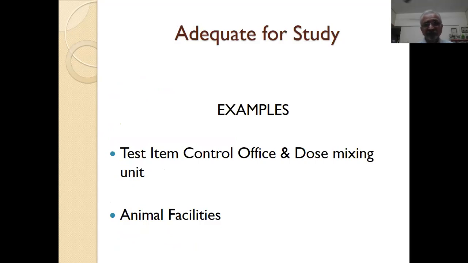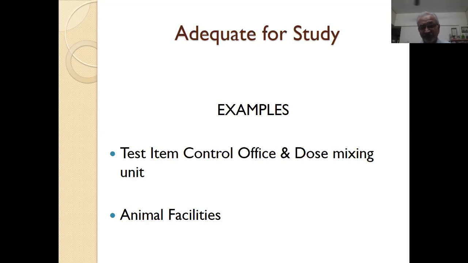So what does adequate for study mean? For example, a test item control office should be available, and dose mixing units should be available. Animal facilities should be separate. That is what separation and adequate for studies means.